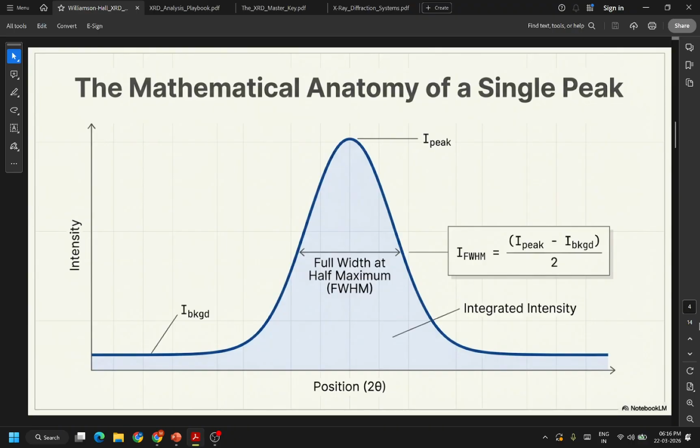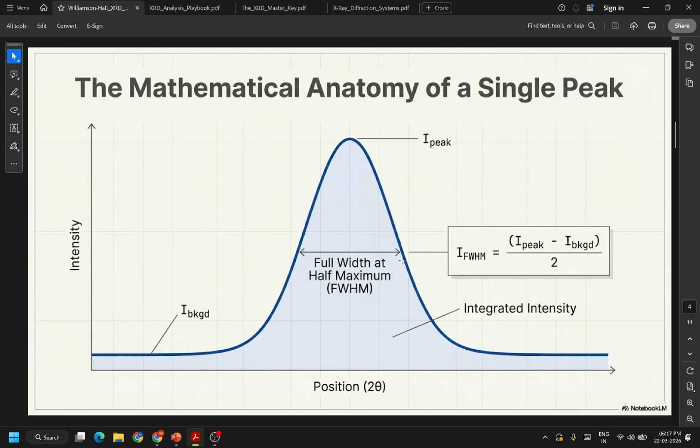Now let's zoom into a single peak. In a single peak you will have multiple things. The main thing that you will see is your I peak, which is the intensity at the maximum of your peak.